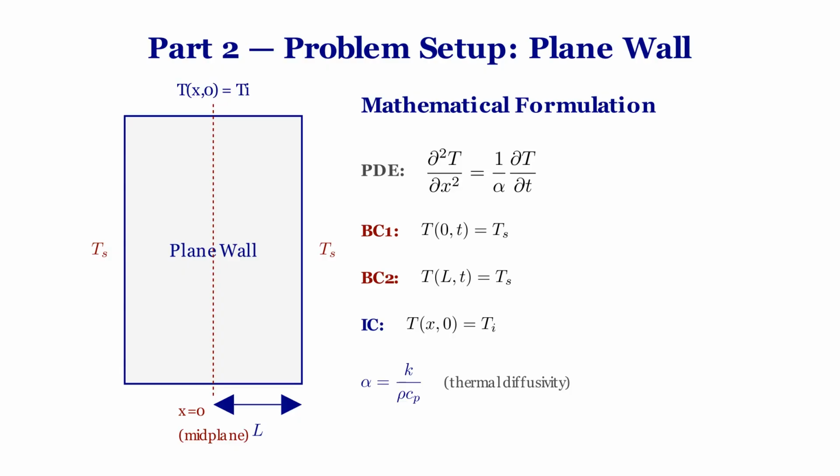Thermal conductivity k, which is in the numerator, decides the diffusion of heat through the wall, whereas volumetric heat capacity rho Cp, which is in the denominator, decides how much energy is needed to change the temperature of the wall. Or in other words, how much energy is stored in the wall per degree of temperature change. This decides the transient behavior of the wall. Now we have the full problem set up, the governing PDE, the initial condition, and the boundary conditions. So let us move on to the solution.